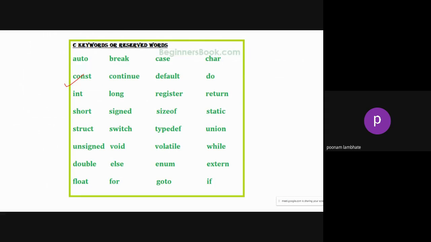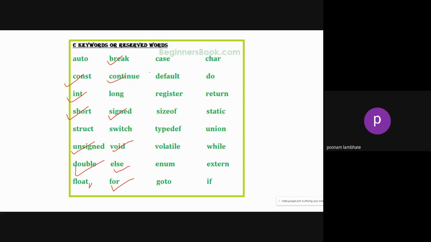So constant, I told you just now to define constant values. Integer, int, short, then unsigned we have seen, double, float, break and continue. You have seen this in for loop, I think, in your course of programming and problem solving. We'll see this in our sessions also. Then you have signed, then you have void we have seen, then else if else you have seen, means you already know it.